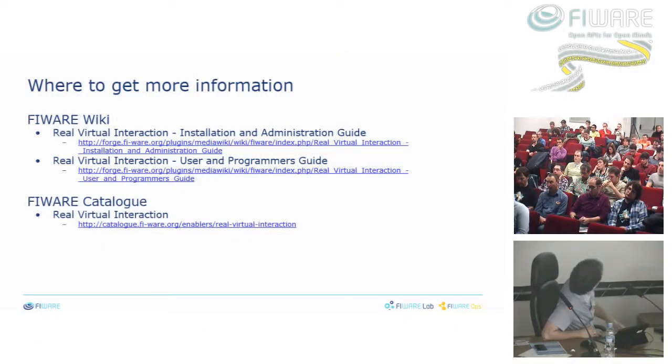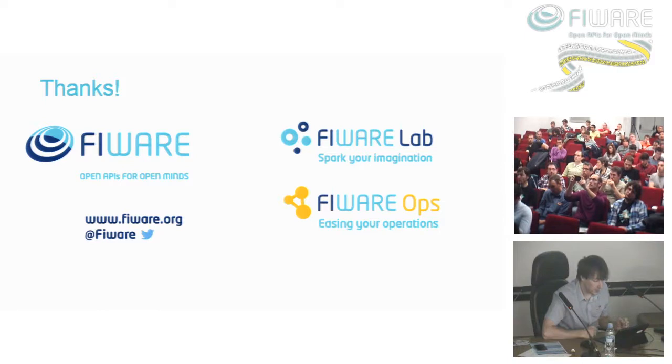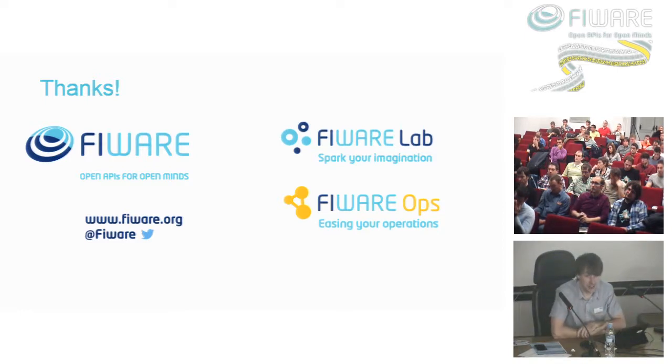There is the FIWARE wiki, as you were pointed to several times yesterday and today. And there's also the catalog where this GE is available. Thanks for your attention. This would be the end for the first session, and now there is time for questions.